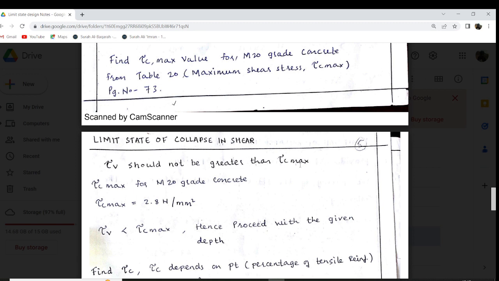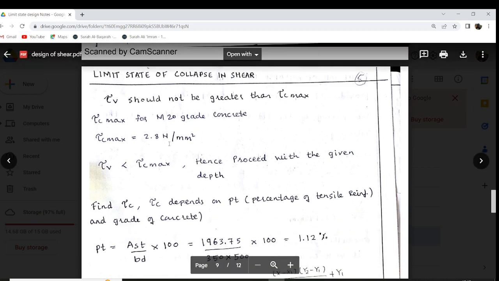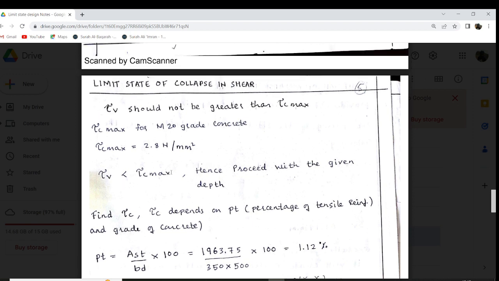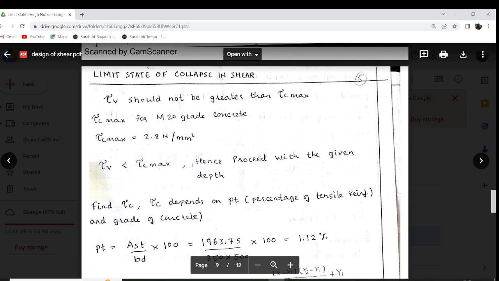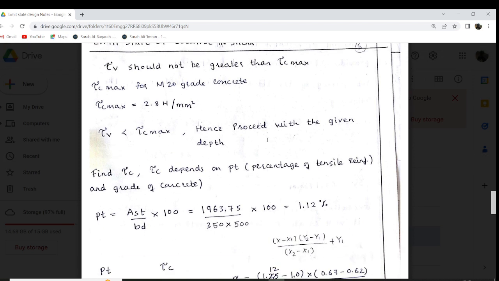Okay, we cannot simply rely on shear reinforcement. Tau c max is 2.8 Newton per mm square. Tau v is 2.28 and tau c max is 2.8. Okay, tau v is less than tau c max, and proceed with the given depth. Whatever depth they have given, we have to proceed.